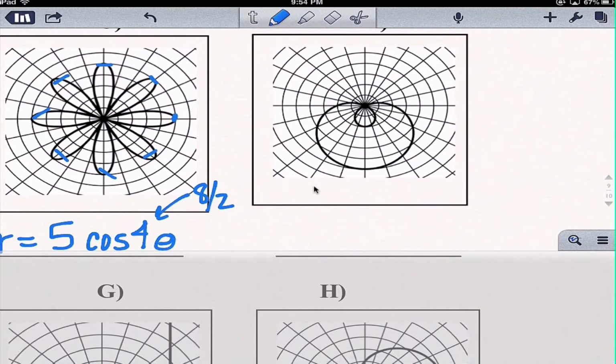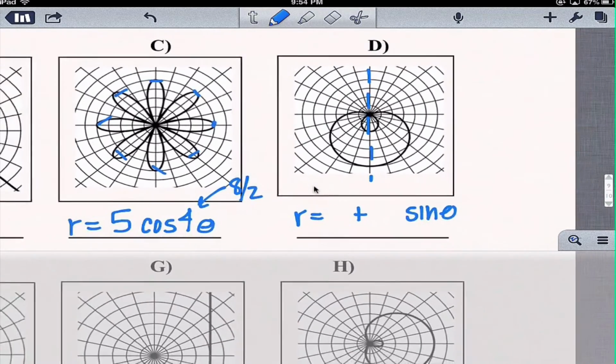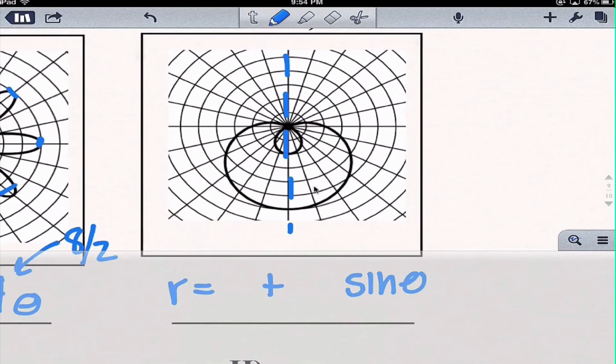Okay, if we look at D, I can definitely tell that D is a limacon. And in fact, I can tell that D is a limacon that is symmetric on the y-axis. So that tells me that it is going to be something plus something sine theta. And this is when we choose different ordered pairs. So in this case, I'm going to use 2, 0 degrees.